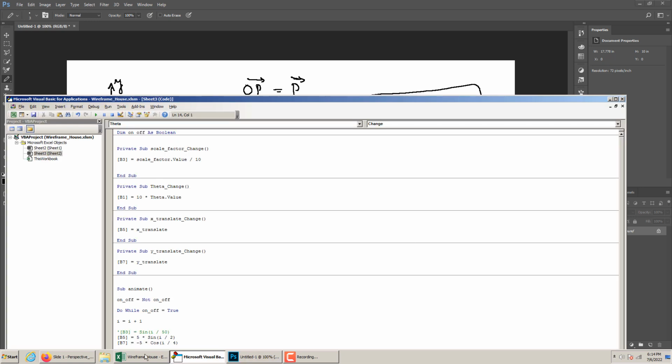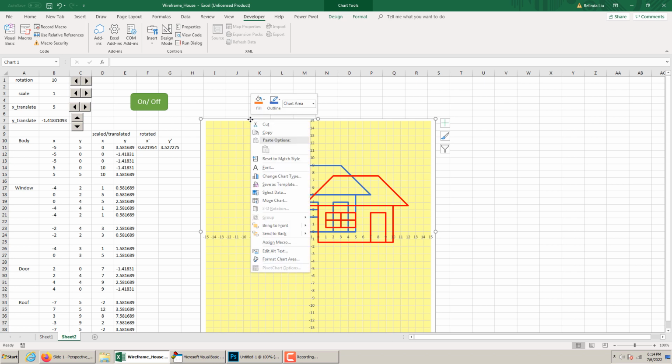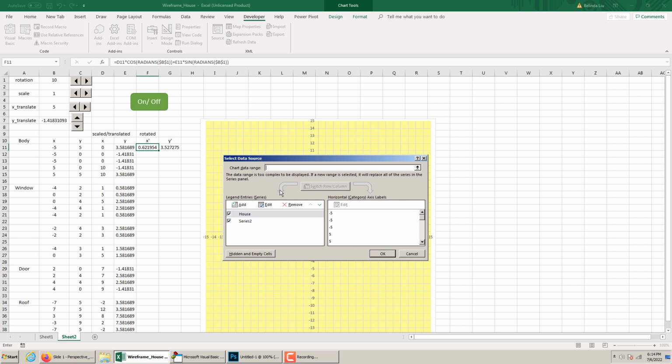Where is it? This is with minus, and here plus cos. And now first I want to add another data series.